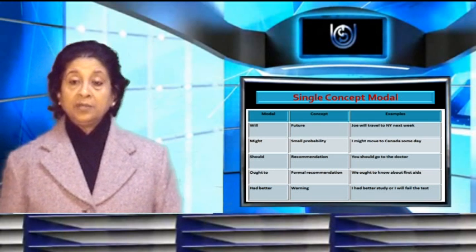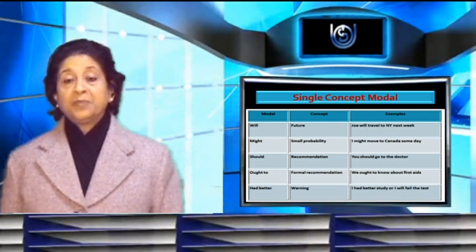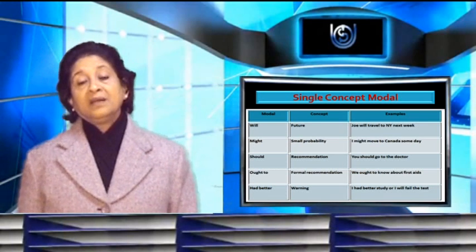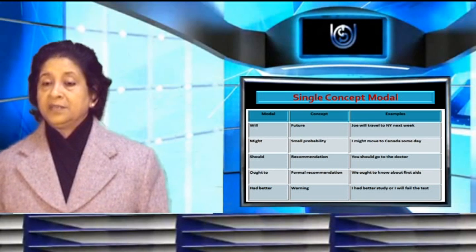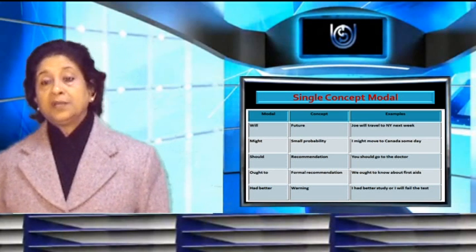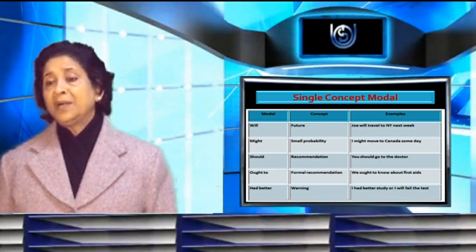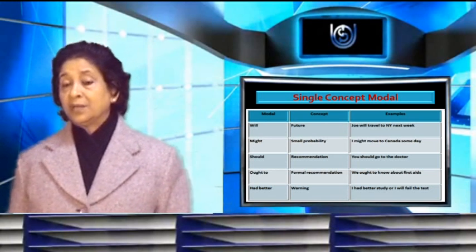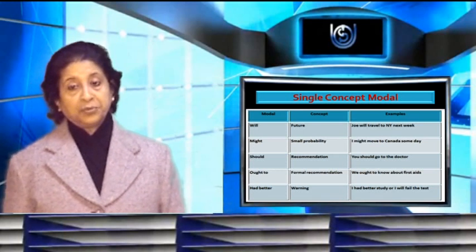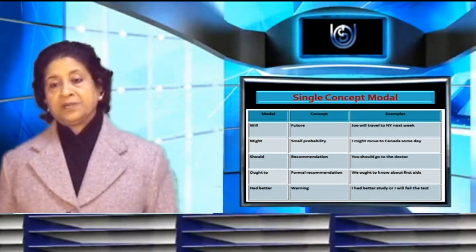Should. The concept is recommendation. When you have to recommend something, then you can use this modal. See how the example is: you should go to the doctor. This is a recommendation. You are recommending him to go to the doctor. So we use should. Ought to: formal recommendation.